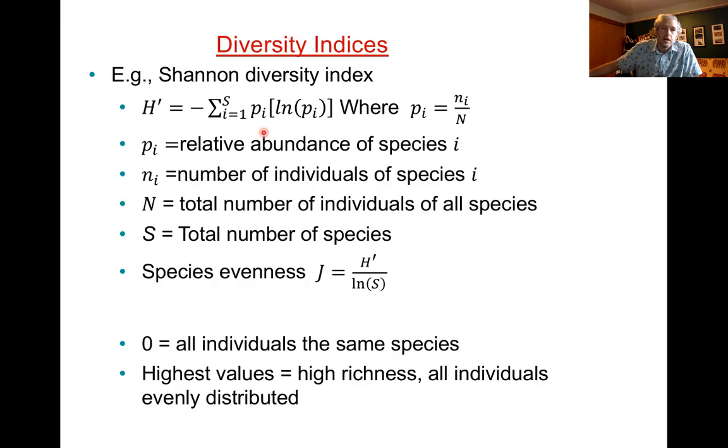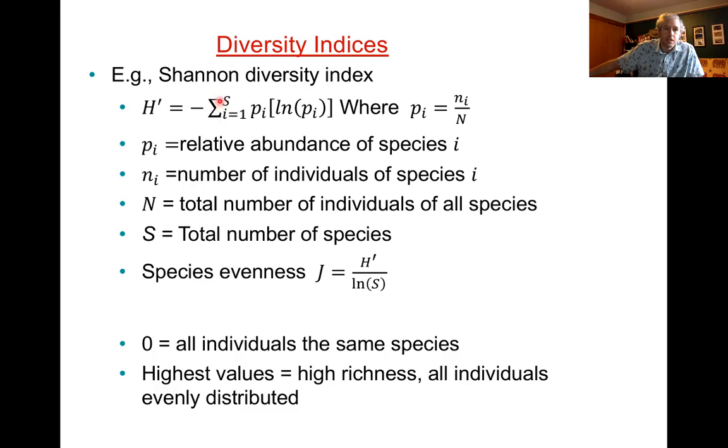Okay. So let's go through this formula in bits, starting at the beginning. So the formula is, well, we know what a minus is. That just makes it negative, or positive, it's already negative. This piece of notation here is called sigma. And sigma just means the sum of. Okay, if that makes any sense.